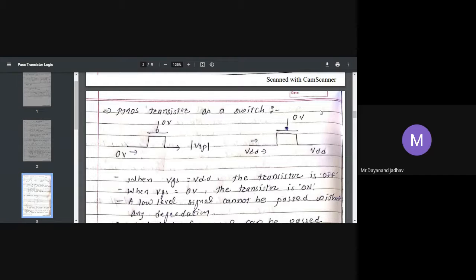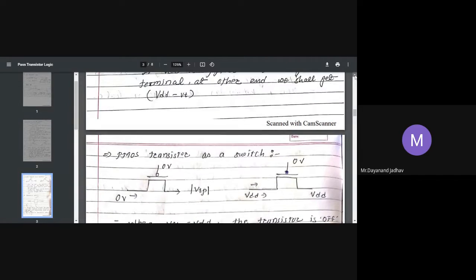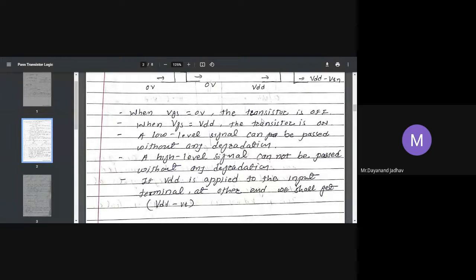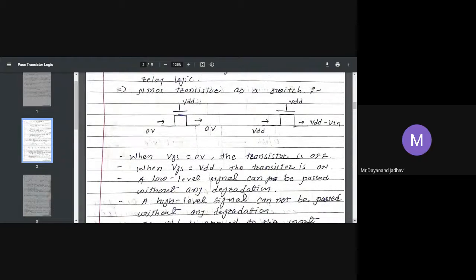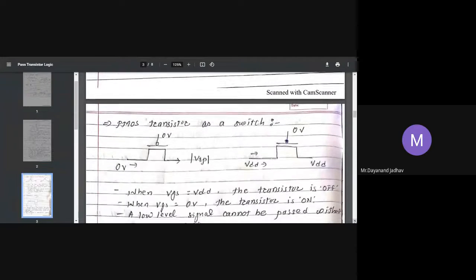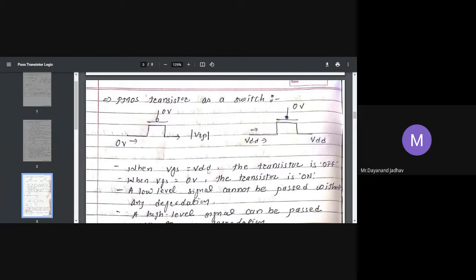See here the difference between PMOS and NMOS. In NMOS, when VGS equals 0 the transistor is off, and when VGS equals VDD the transistor is on. In PMOS, when VGS equals VDD the transistor is off.